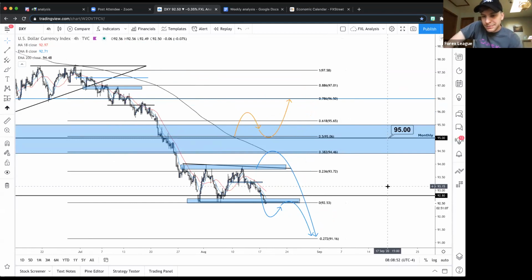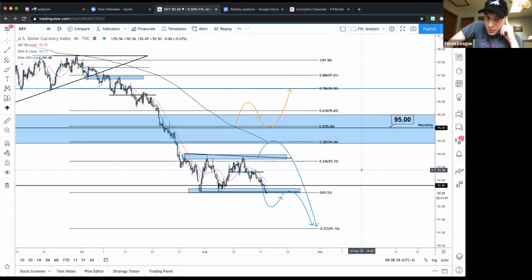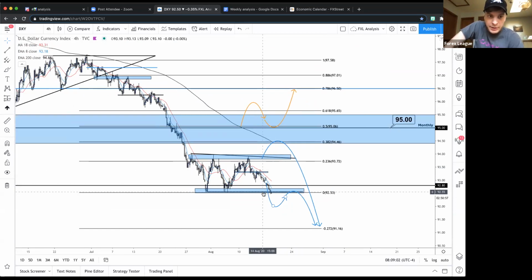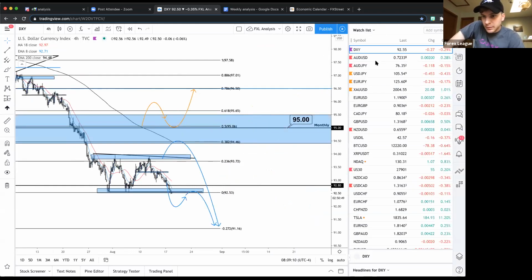So it's really not looking that great from a fundamental standpoint for the dollar. We're just going to have to see how it goes and ride it out. Don't really have much of a choice, but hopefully we can make some profit on this bearish sentiment on the dollar overall. All right, so that's DXY. Looking pretty crazy. I haven't seen it this low in a long time.